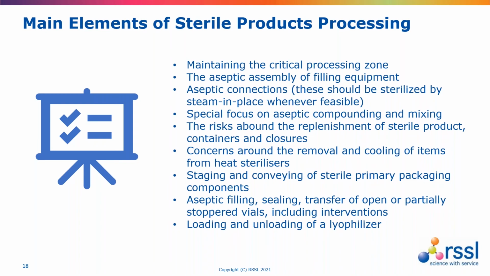This includes consideration of essential elements like defining and maintaining the critical process zone, seeing the aseptic assembly of filling equipment as one of the biggest, if perhaps not the biggest, risk area, because it's the one that has the greatest degree of human interaction and hence operator variability, the verification of the sterility of aseptic connectors, the risks around replenishing materials, so it might be putting more stoppers into a filling line if necessary, and controlling of manipulations and interventions, loading freeze dryers.